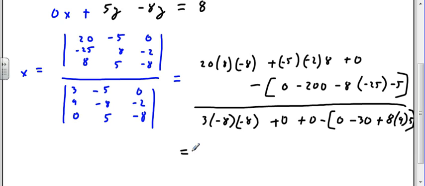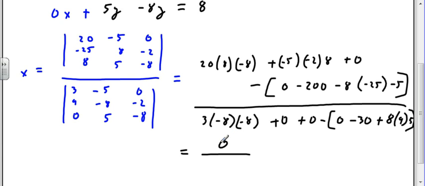So I have a 0 on top, 0, divided by 8 times 64 plus 30 minus 8 times 45.